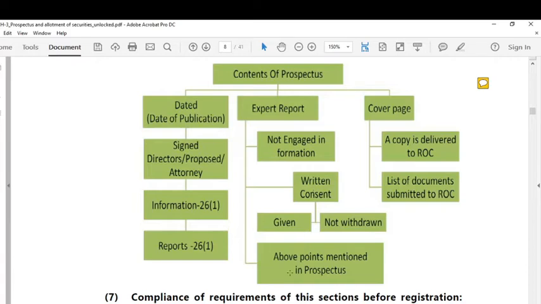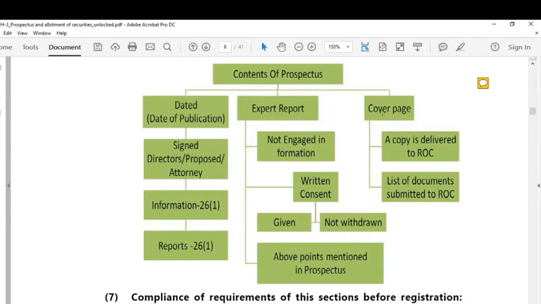And the third aspect is that the above points should all be mentioned in the prospectus. Dear students, when it comes to the last part of the contents of a prospectus, it should have a cover page, and a copy should be delivered to the Registrar of Companies.